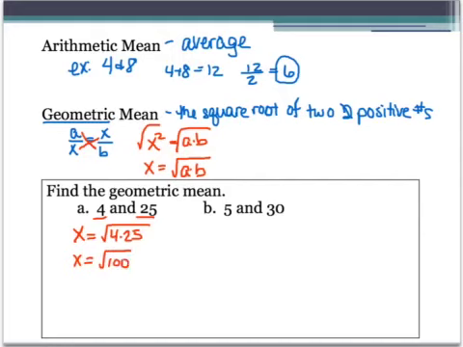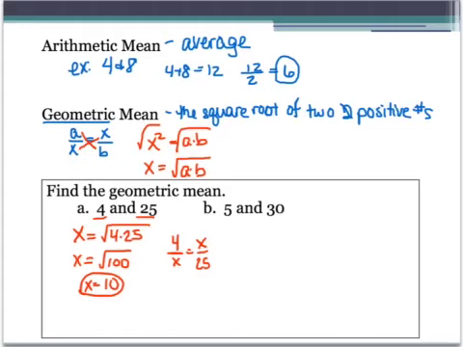So the square root of 100 is 10. If I use this proportion, 4 over x equals x over 25, and I solved it for x, I would still get 10. Which is not close to the arithmetic mean at all.